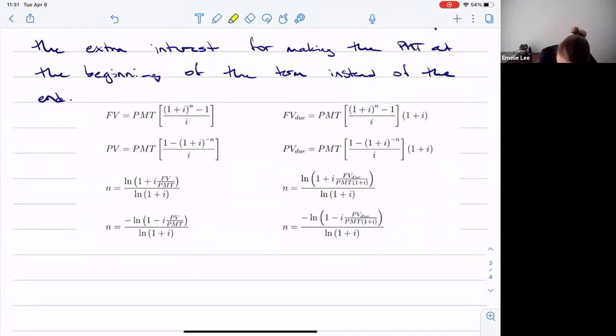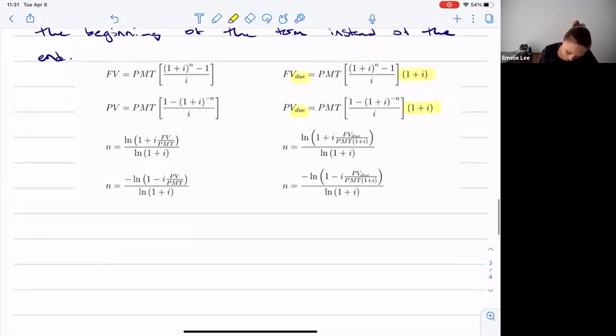So here, the only difference for the dues, versus the regular annuities, is that you add this interest. Same thing here. If you have a future value due, then you need to take into account that 1 plus I. If you know the present value due, again, you have to take into account that 1 plus I.